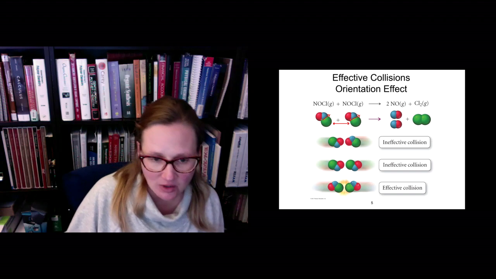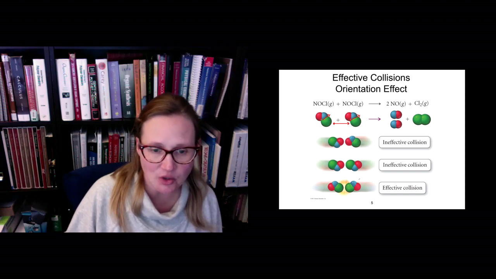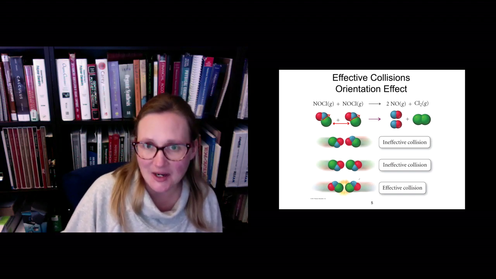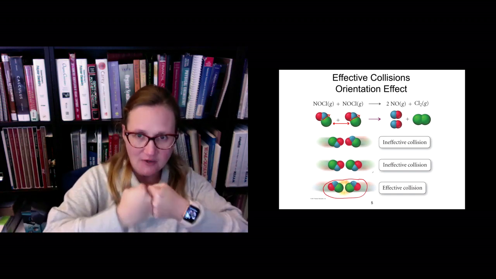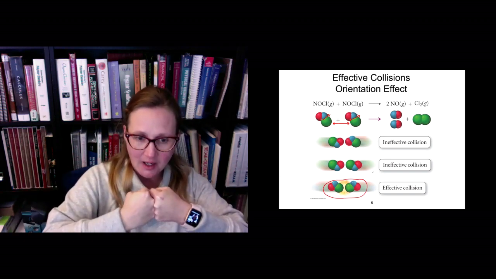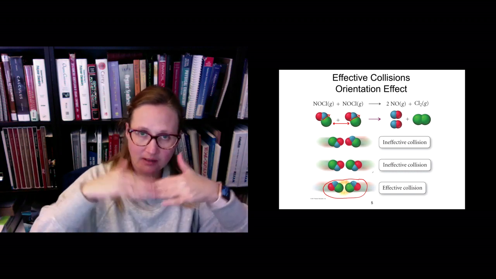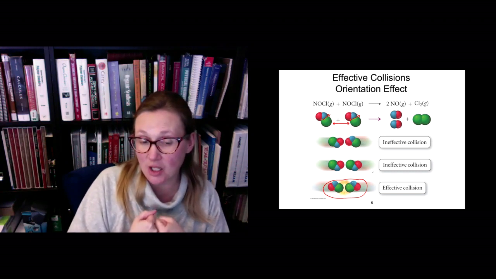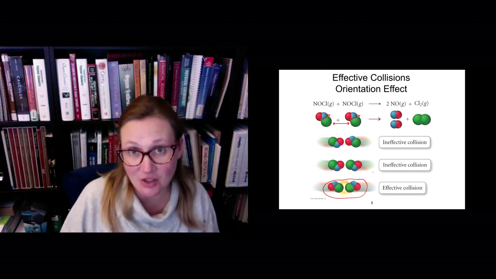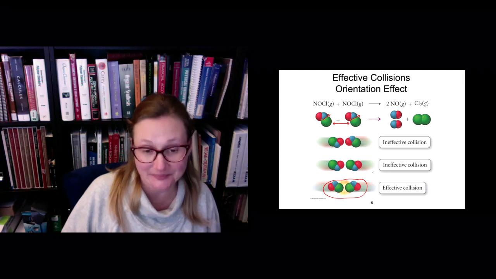But the effective collision is the collision between the two chlorine atoms. They can form a bond, and then the nitrogen-chlorine bond can break. They're in the right orientation, so provided they have the right energy, they're certainly in the right orientation to react.